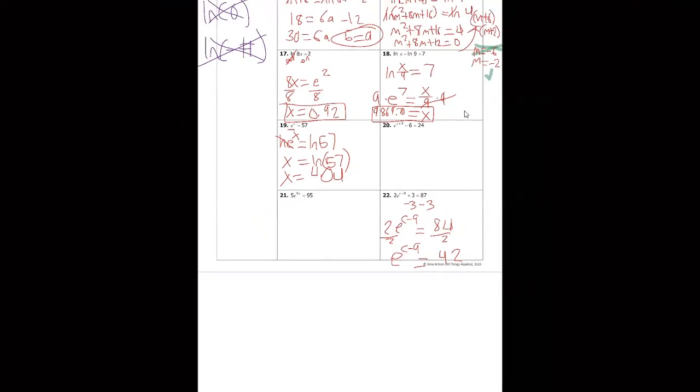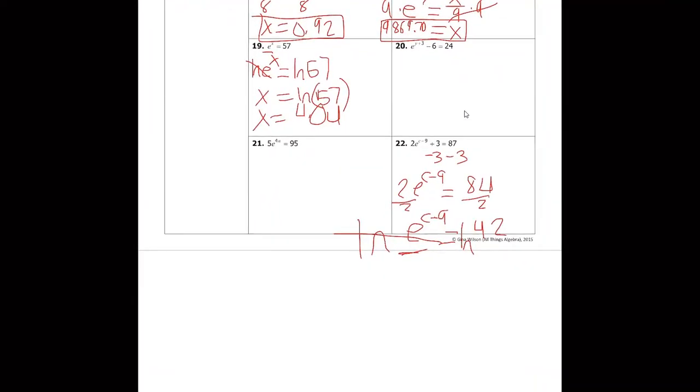And then to get rid of this base of e, you take the natural log of both sides, because that cancels out your e. So you just bring down that exponent, c minus 9. And on the right side, you still have the natural log of 42. So you're just going to add the 9 over. Then in your calculator, you do the natural log of 42, plus 9.